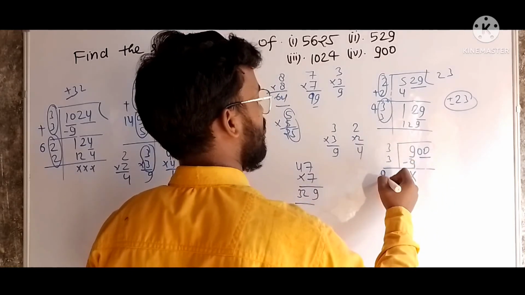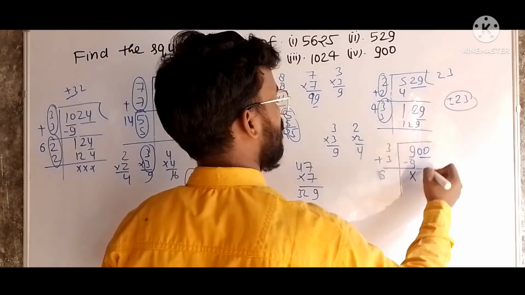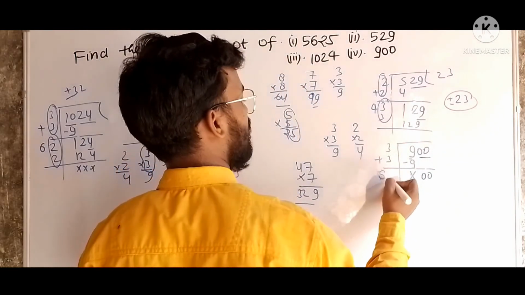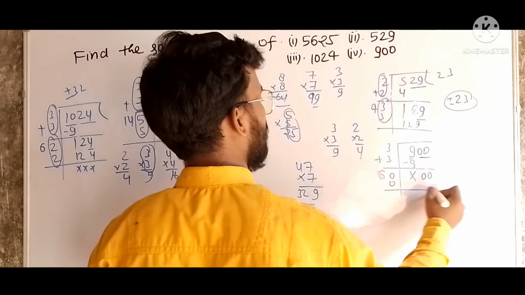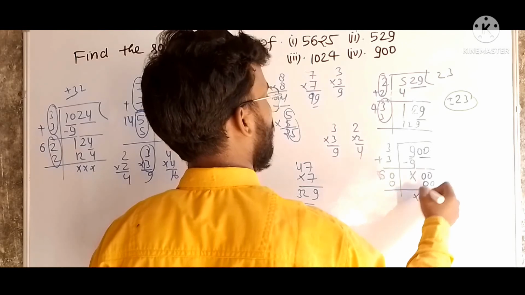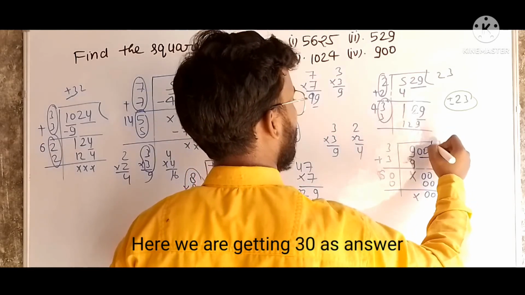Now the two 0s will come down here. Now we have to choose a number here so that after multiplying we get 0. We know that when we multiply 0 into 0 we get 0 as a result, so take 0 and this value cancels out. From here we get 30, so the square root of this number will be plus minus 30.